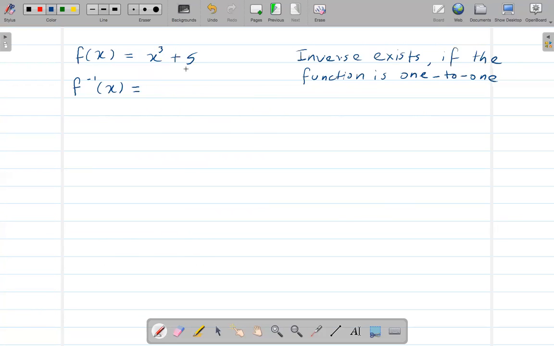If this function is one-to-one, then only can we find the inverse of this function. Okay, as we can see, there is x to the power 3, so the shape of this x to the power 3 is always like this.